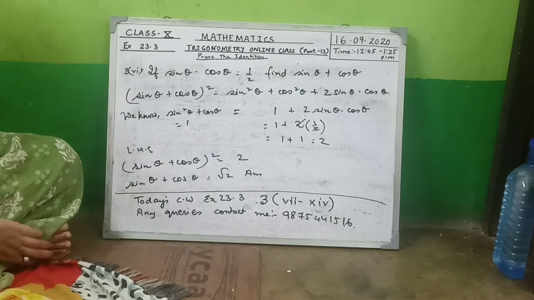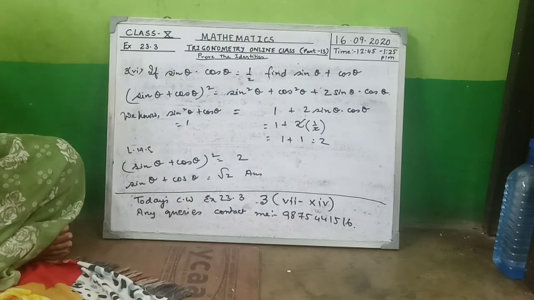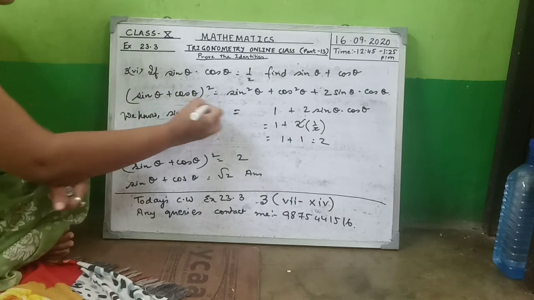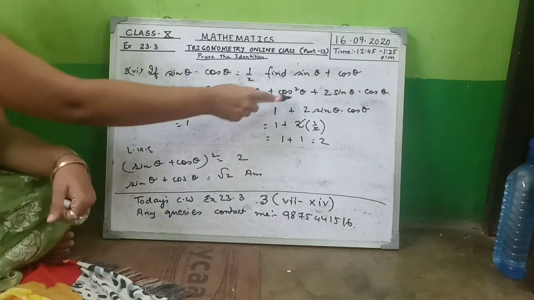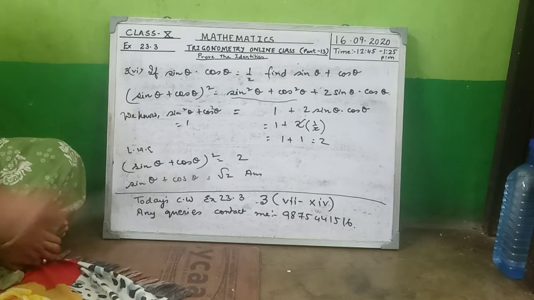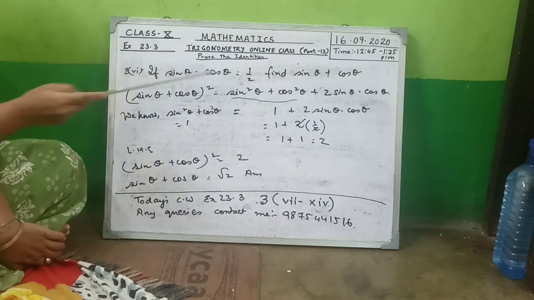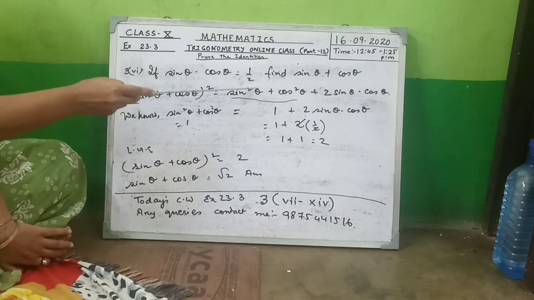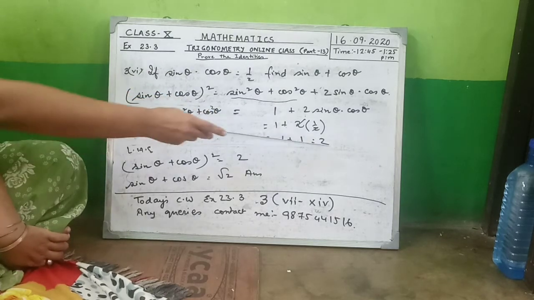We know by the identities, sin square theta plus cos square theta is equal to 1. So instead of writing that we can write 1 plus 2 into sin theta into cos theta. Sin theta into cos theta is given as half. So 2 into half is 1. So 1 plus 1 is 2.